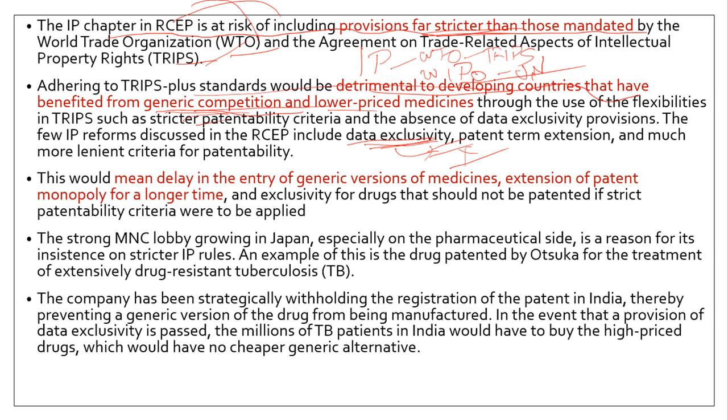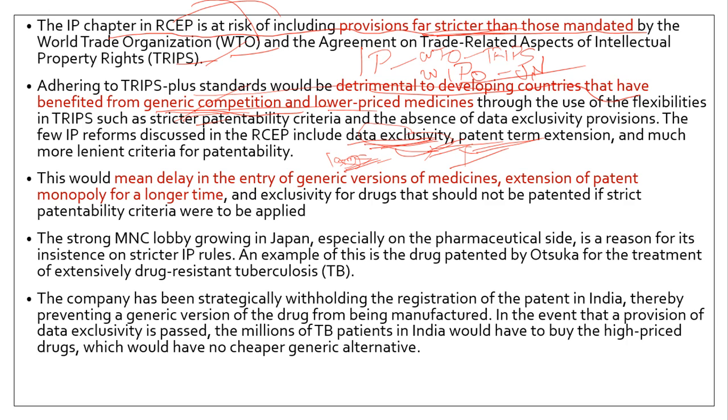Now, this data exclusivity also prevents generic medicine making, because see, this clinical trial test data could be utilized for making generic medicines. Fine. So this data exclusivity protects them. So this article tries to say that this data exclusivity and this patent term with respect to generic medicine is a detrimental factor for the developing nation, and including intellectual property as an investment under ISDS is a detrimental factor, because including IP would include all of these factors, that is, patents with respect to the drugs and data exclusivity.